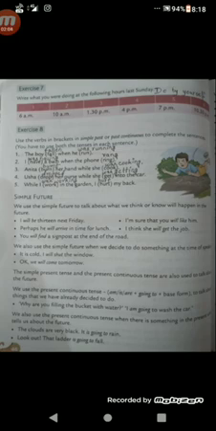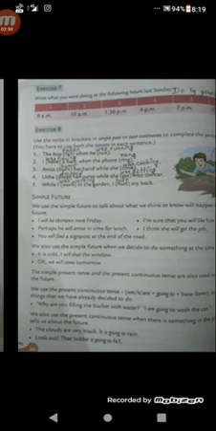So here dropped is the verb's second form, and was getting is past continuous tense. While I work in the garden, I hurt my back. So here work is converted into was working, so it becomes past continuous, and hurt, the verb's second form, is hurt only. Okay, so no change. So this is the end of your exercise 8.